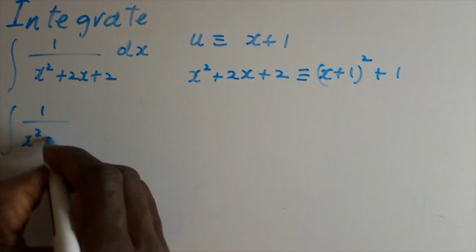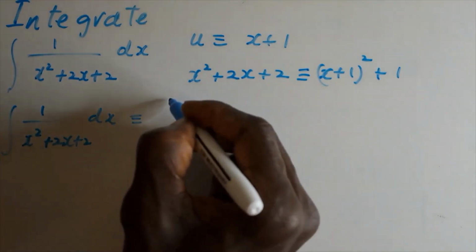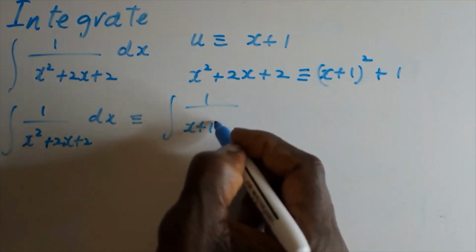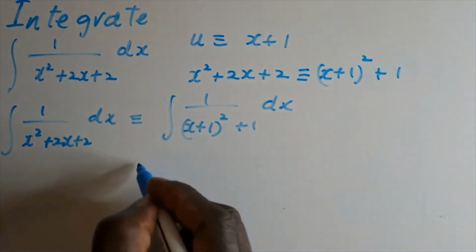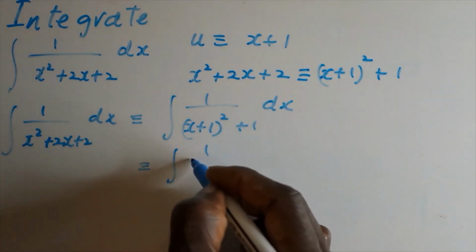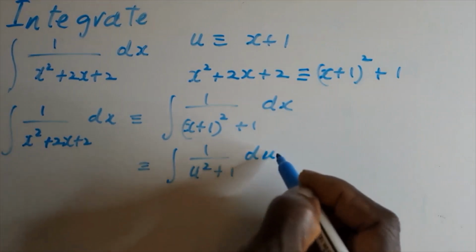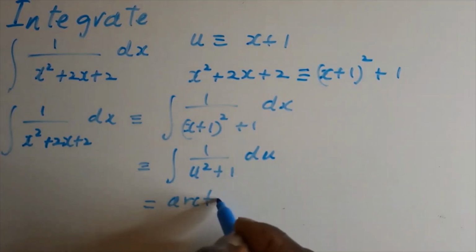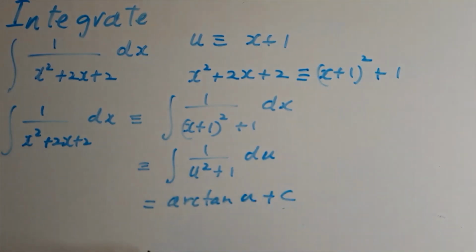And so now we can write the problem, the integral of 1 over x squared add 2x add 2 dx, as the integral of 1 over x add 1 squared add 1 dx, which is the same as the integral of 1 over u squared add 1 du, which is arc tan u add c.